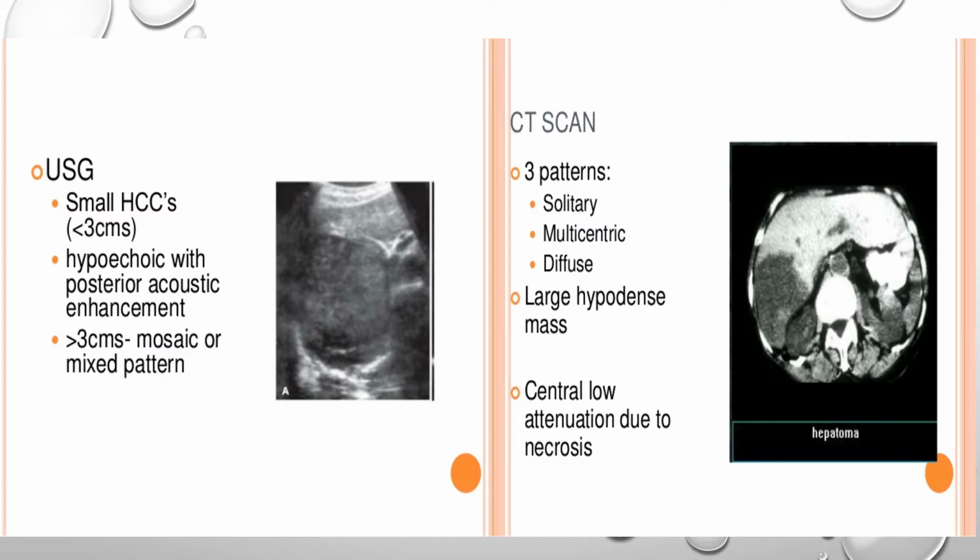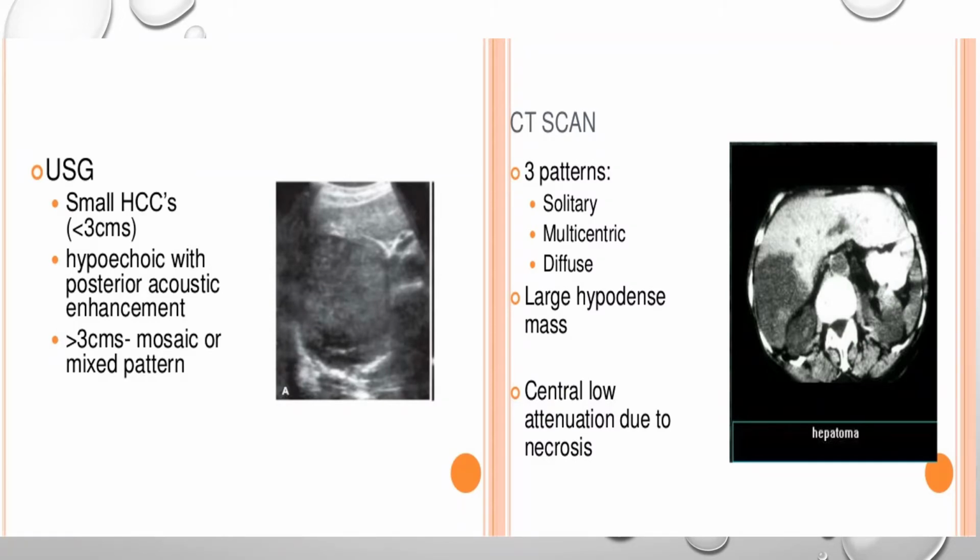Now we come to CT scan, where we see 3 patterns: solitary, multicentric, and diffuse. Solitary is single; multicentric is multiple focal malignant lesions in the liver; and diffuse is diffuse infiltration of the liver by the tumor.